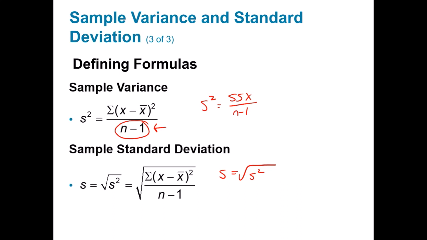But as long as you remember Greek letters indicate parameters, right, you should be okay on that. I will give you one of these two formulas, and the same thing for population. I'll give you one of the two formulas on the test, and I will give you the table layout for this on the test.